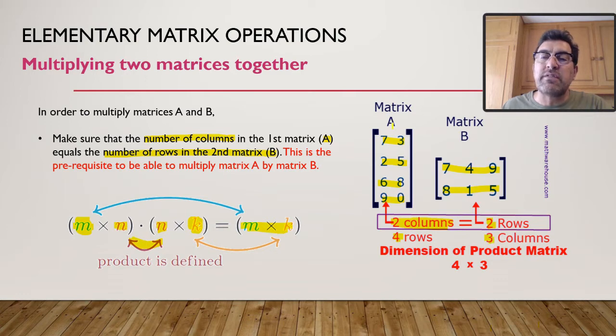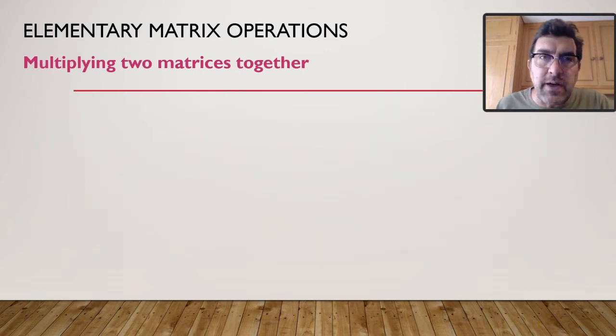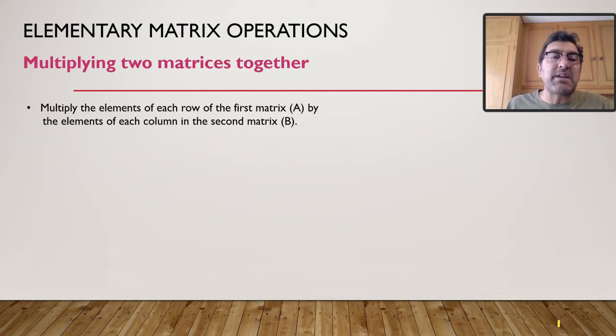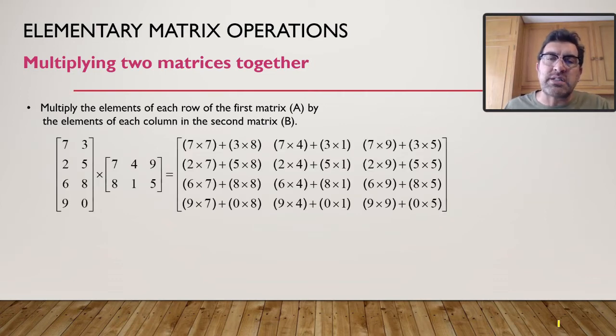The columns in the first matrix equal the rows in the second, so we can proceed and multiply those two matrices together. Multiplying the elements of each row in matrix A by the elements of each column in matrix B is very important. Let's see how it works. The elements of each row in the first matrix.